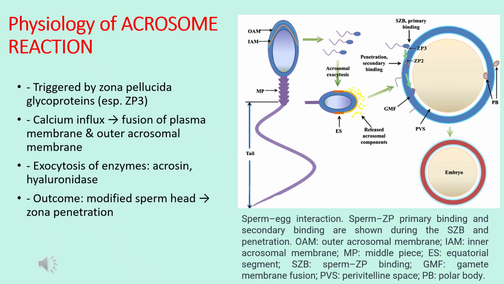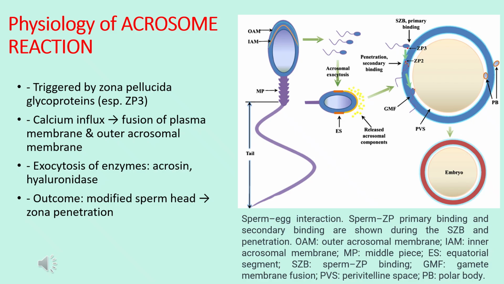Secondary binding is post-acrosome reaction binding and penetration. Once the sperm undergoes acrosome reaction, the sperm plasma membrane over the acrosome is lost. Now ZP2 becomes important. ZP2 mediates secondary binding, helping the acrosome-reacted sperm stay attached to the zona and penetrate it.